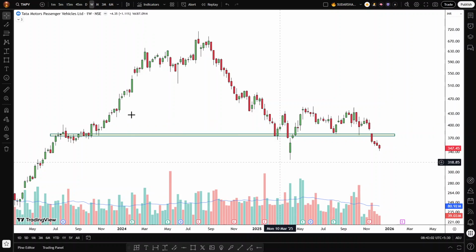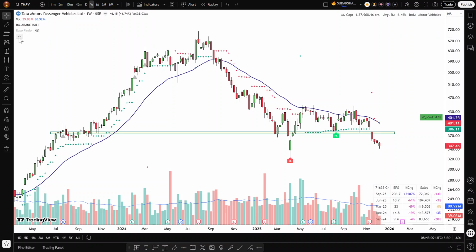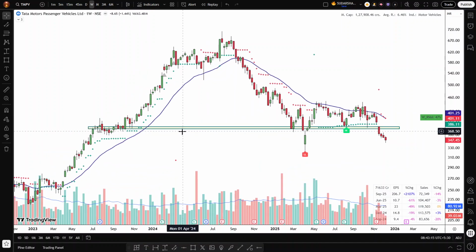If you want, I also have an indicator named Bajrang Bali. Yes, you can see that. This is the EMA line, EMA 30. See, here the price went up more, right?